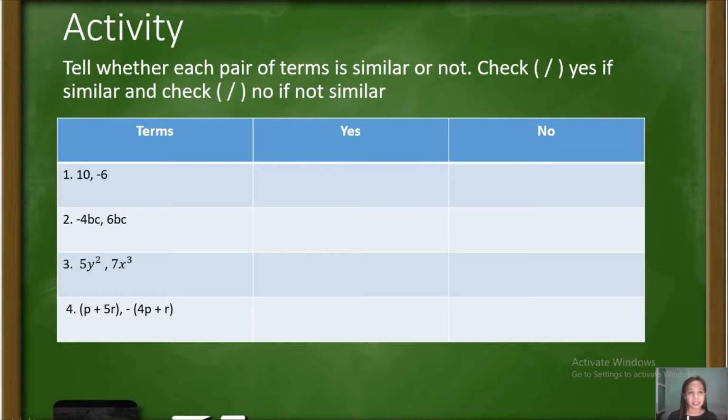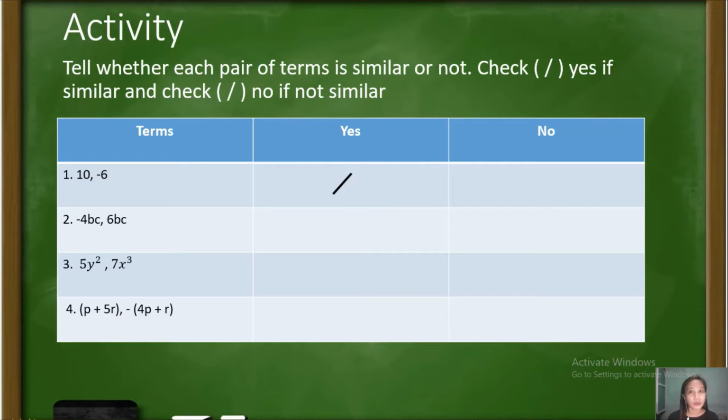10 and negative 6. As you can see, the terms have only a numerical coefficient. They do not have a variable. So what is your answer? That is yes. The terms 10 and negative 6 are similar. For number 2, the terms negative 4bc and 6bc.